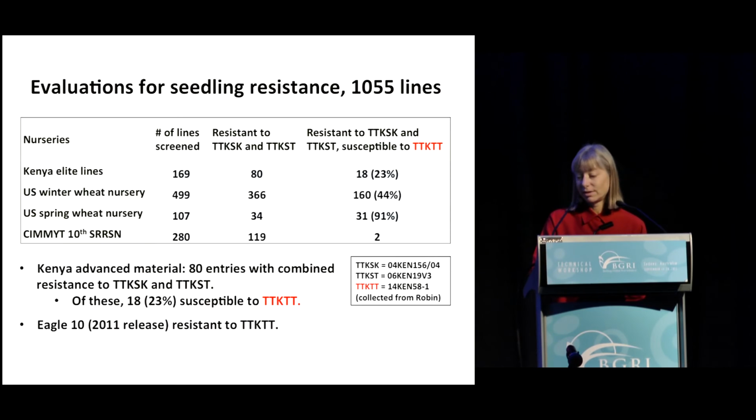For the CIMMYT stem rust resistance screening nursery, there were 119 entries with combined resistance to TTKSK and TTKST, but only 2 were susceptible to TTKTT. And another important point is that Eagle 10, which was released at the same time as Robin, shows seedling resistance to TTKTT and also showed resistance in field conditions.